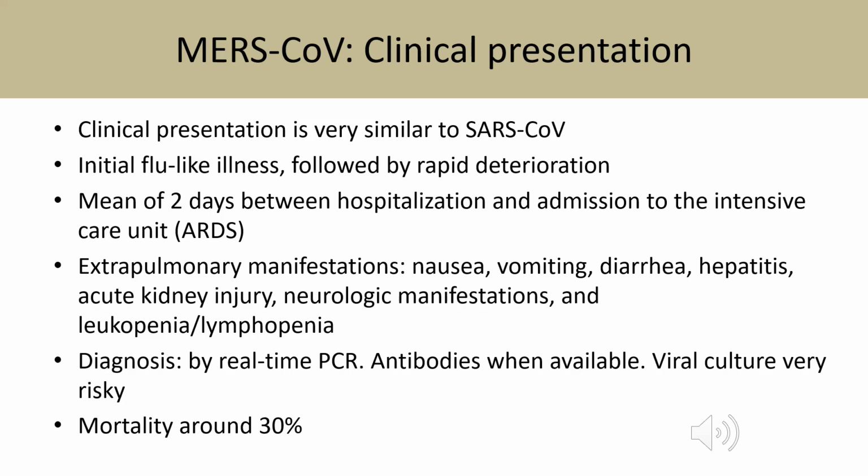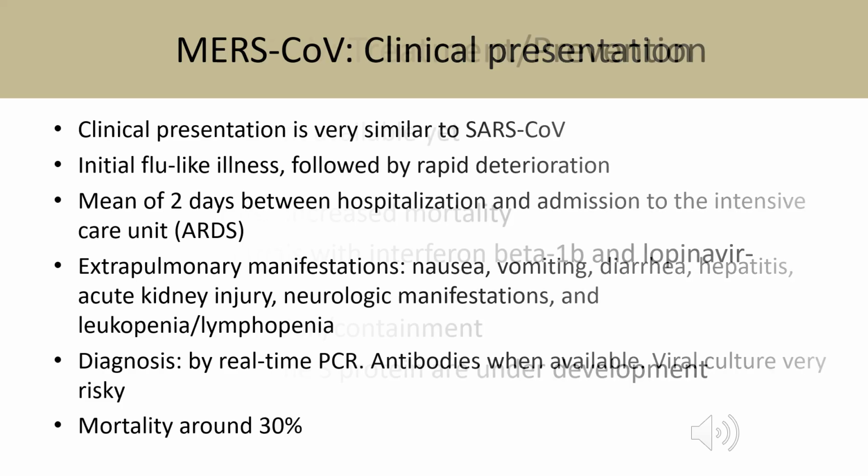Viral culture, as with other serious coronaviruses, is risky because of the risk of spillage or contamination or aerosolization of the viral culture. Mortality in MERS-CoV was around 30%, continues to be around that.